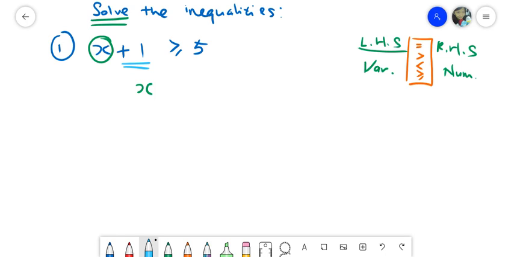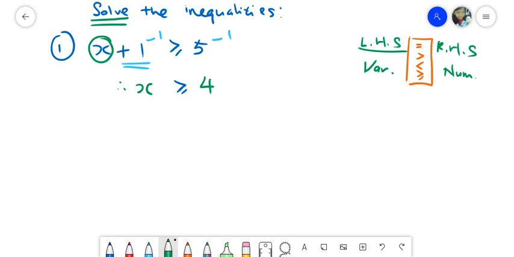You need to subtract 1, or in other words, minus 1. Fair and square, whatever you apply on the left, apply the same thing on the right. Those that are not relevant, just carry forward. So 5 minus 1 is 4. That's your answer.